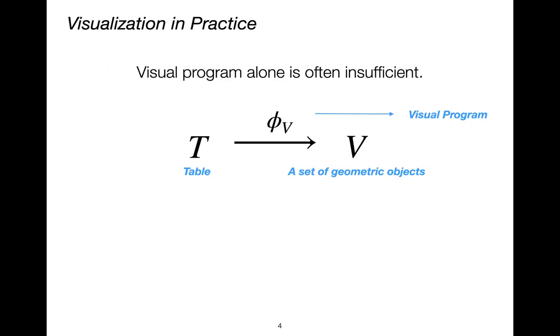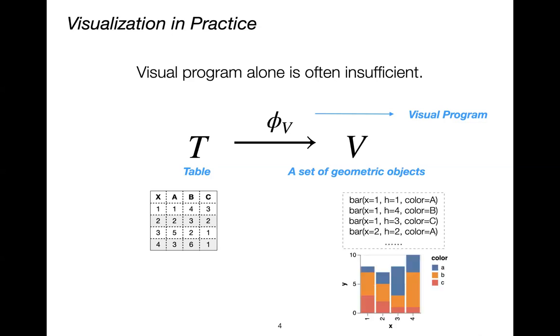But in practice, we don't just need a visual program to create the mapping from data to geometric objects. Now I have a more interesting data set, containing 4 columns instead of 2, so I doubled my data size. There is an ID column and 3 attributes A, B, C. Instead of creating a boring bar chart, I want to create a stacked bar chart, to understand how each portion contributes to the total for each ID.